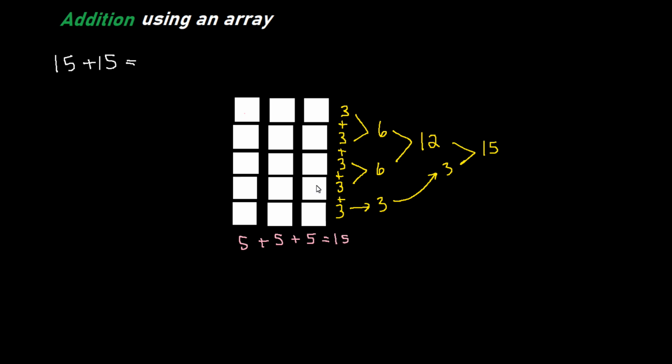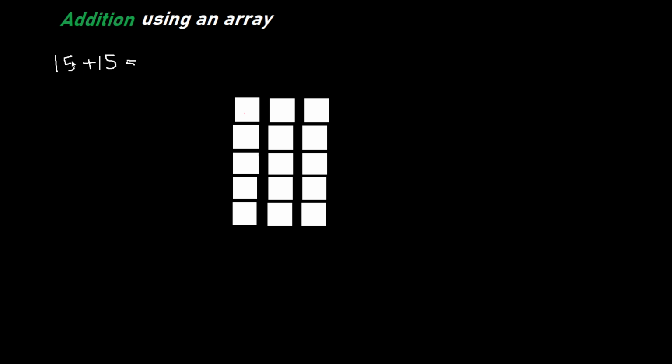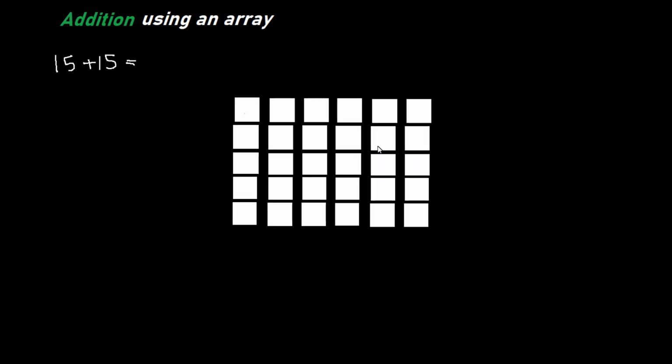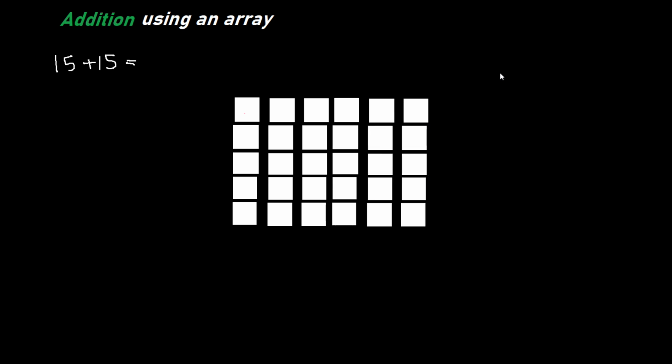So I know I have 15 squares in here. So if I have 15 squares and I need to add another 15 squares, what I could do is add another 15 to this, like so. Now that I've added 15, let's count our rows and columns again to see how many we have.